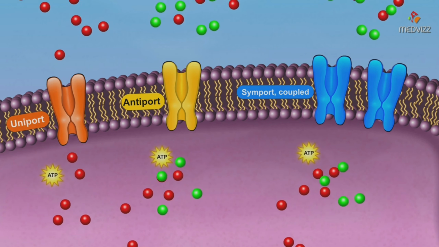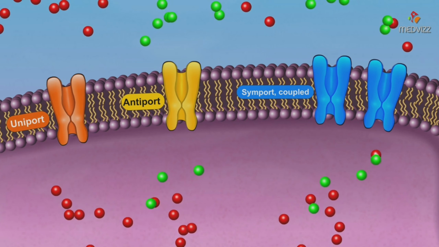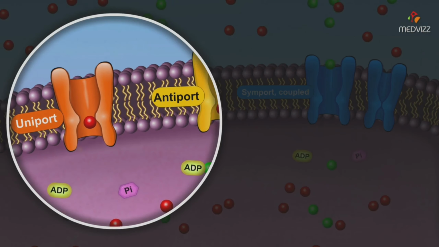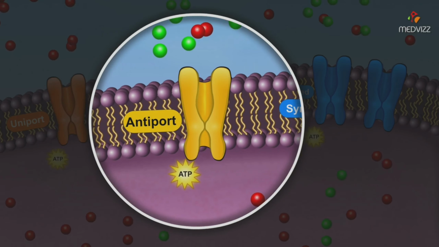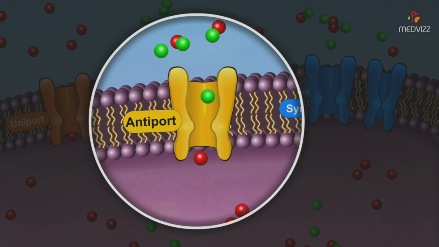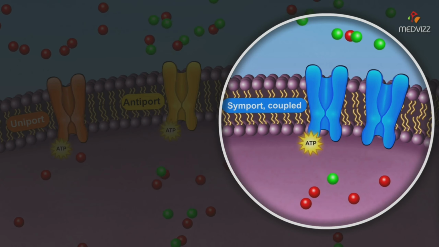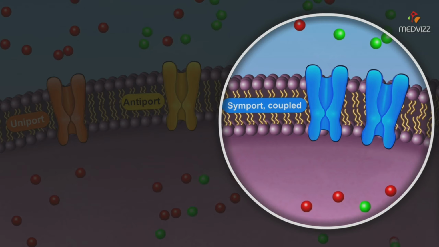First is uniport, second is antiport, and third is symport. In uniport, the protein transports only one type of molecule. In antiport, the protein transports two different molecules across the membrane in opposite directions. And in symport, the protein transports two different molecules at a time across the membrane in the same direction.